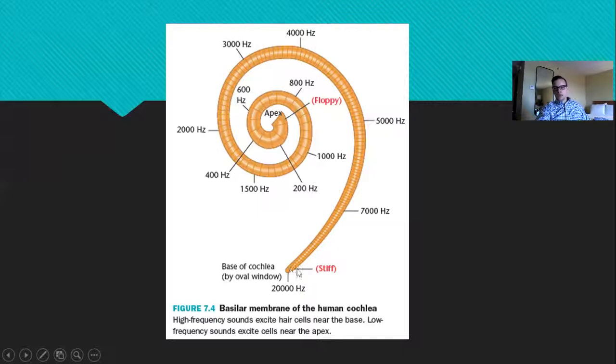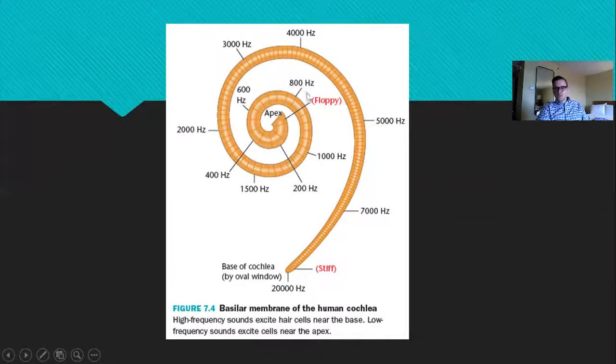So as we move up towards the apex, the stereocilia become less and less rigid, meaning it takes less movement, less vibration to move them around. It actually says it right there.